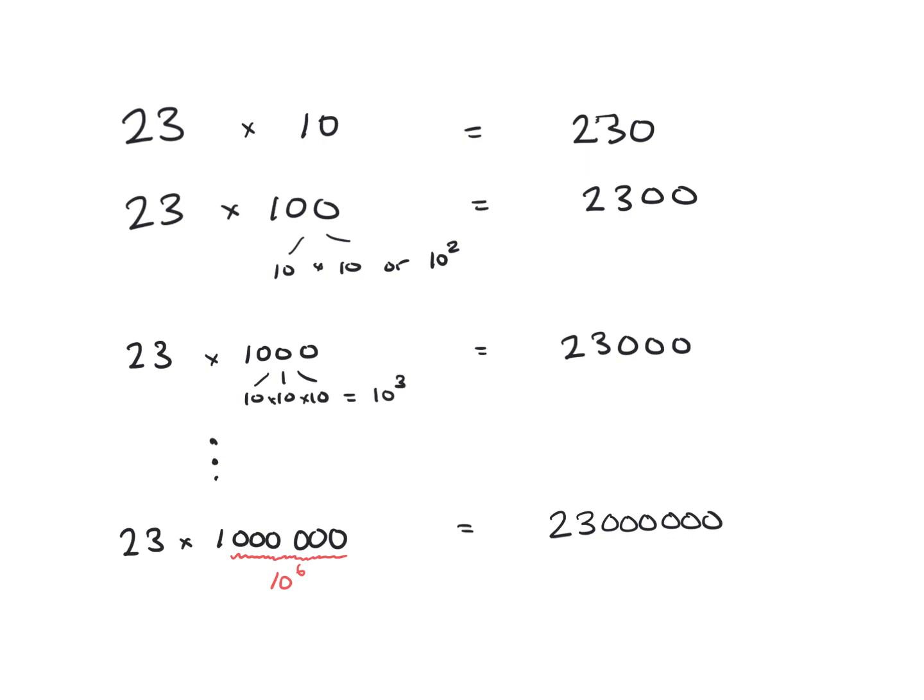So these tens, so 10, 10 squared, 10 cubed, 10 to the 6, we call these powers of 10. And the shortcut for multiplying by a power of 10 is to add that many zeros. That is only if the number you started with, in this case 23, is an integer.